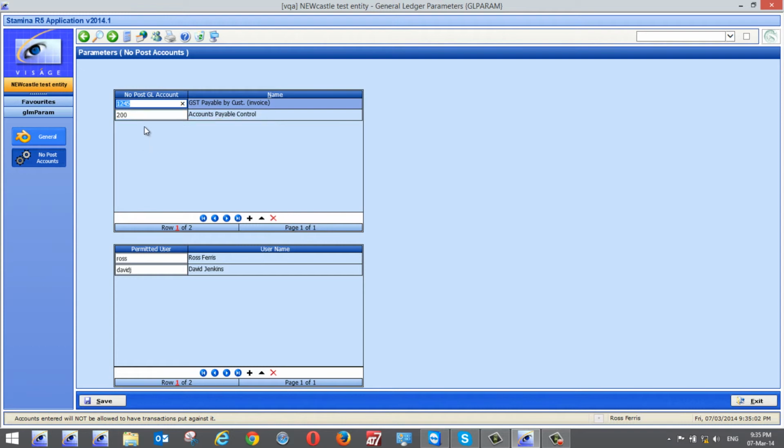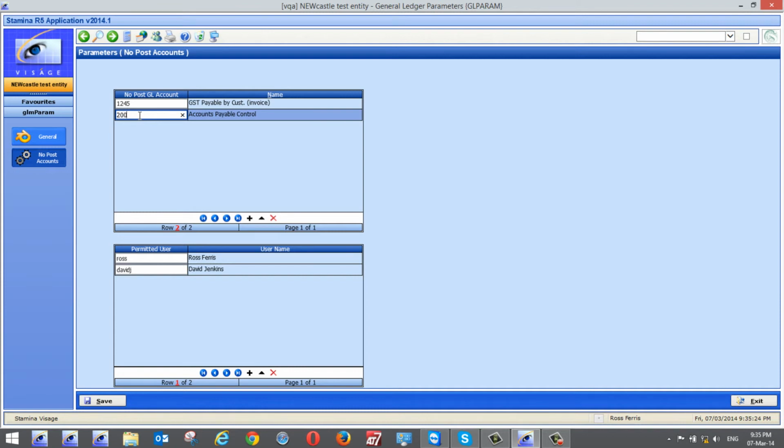So if someone tried to post to, say, my accounts payable control account, and when I say post here, I mean by way of a distribution. Obviously, the accounts payable control account would be associated with creditors, and we'd get that updated automatically. But if I was doing a manual journal through my general ledger system, you don't want to accidentally impact the accounts payable control account.